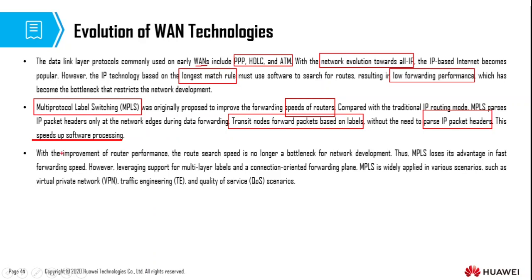However, even though MPLS was initially created to solve that problem, it is no longer a problem because of the improvement of router performance, meaning the processing power of routers and the technological improvements of computing power and processors has made it possible to forward as fast as possible, even when we are using the longest match rule.